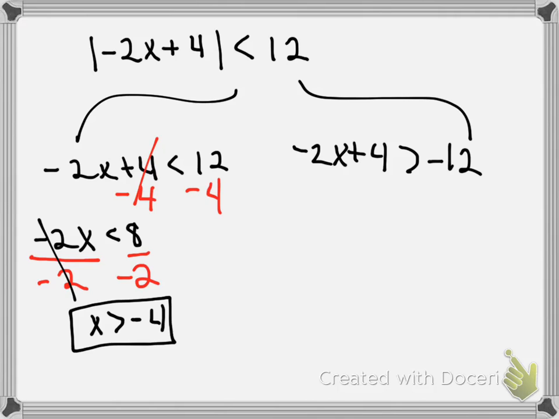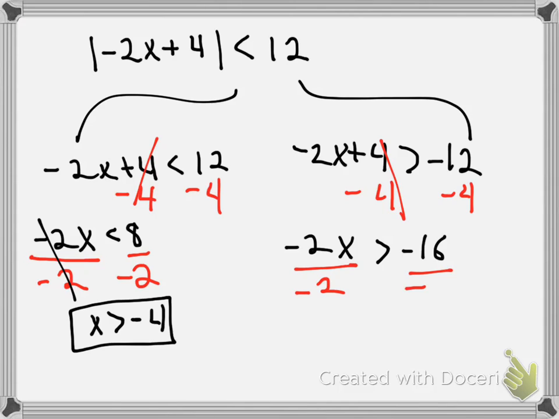Do the same thing for the right. For negative 2x plus 4 is more than negative 12, same procedure, subtract 4 to both sides. We end up with negative 2x is more than negative 16. And when we divide by negative 2, we need to remember to flip the inequality symbol. So now x is less than a positive 8.